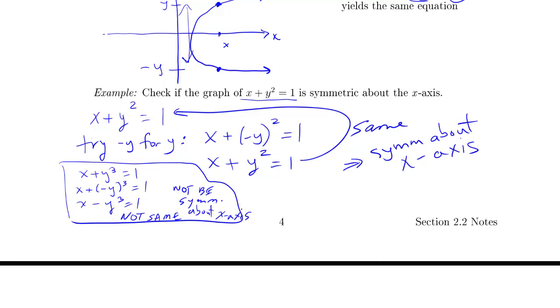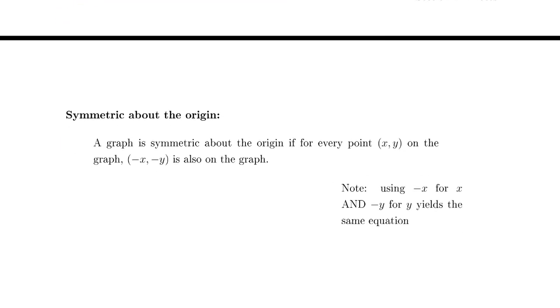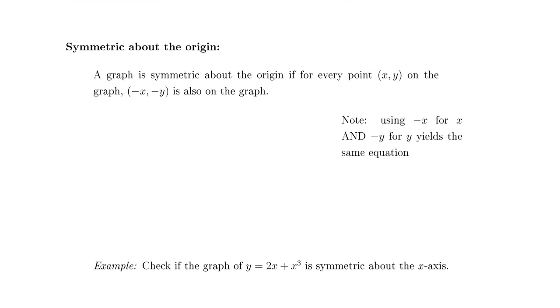All right, so we replaced x with negative x in one case and y with negative y in another case. What if we did them both at the same time? So symmetric about the origin. Well, that's what we're talking about here. A graph is symmetric about the origin if for every point (x, y) on the graph, (negative x, negative y) is also on the graph.